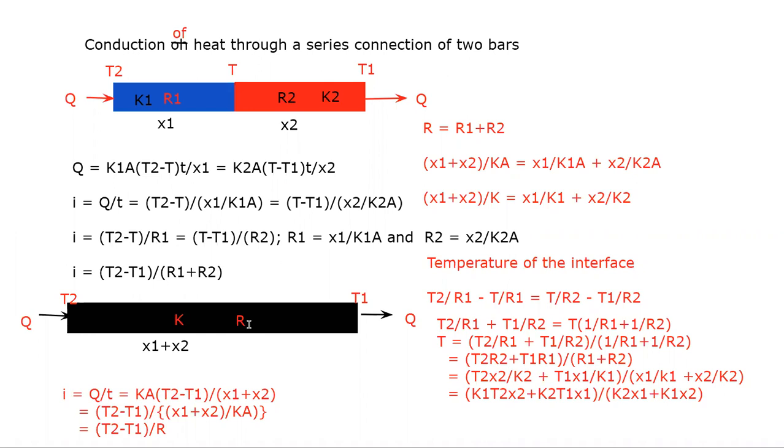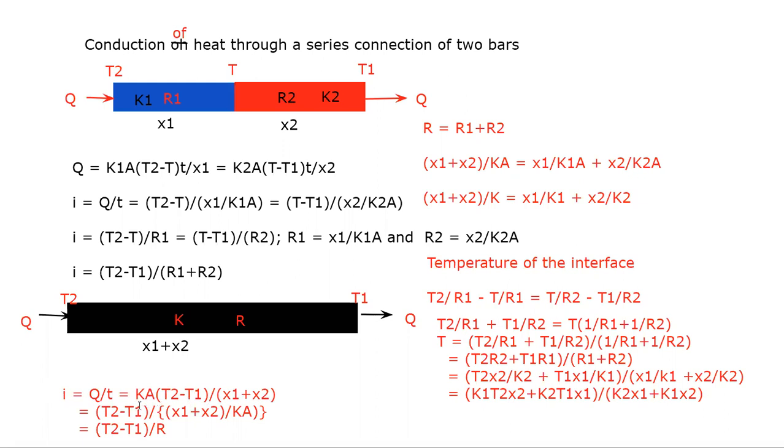Now we have a single rod whose thermal conductivity is capital K and whose thermal resistance is capital R, and the length of that rod is x1 plus x2, and Q amount of heat flows through it, and the temperatures of the two ends are T2 and T1 respectively. Then I is equal to Q by t. Similarly, the equation for Q by t will be equal to KA into (T2 minus T1) divided by (x1 plus x2).